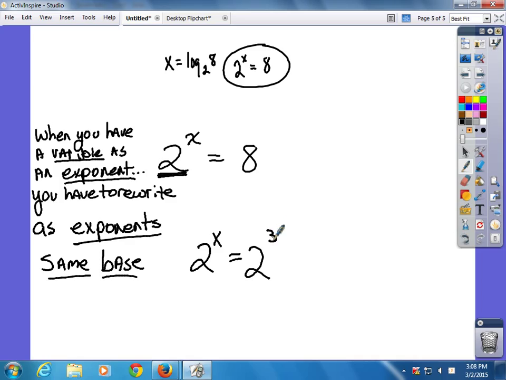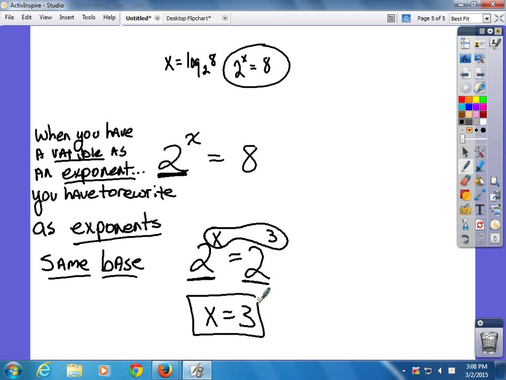Should be 15 people saying that together. And here's the rule that people forget. When you have the same base equal to each other, the exponents what? Are equal to each other. So in that equation right here, x is equal to what?